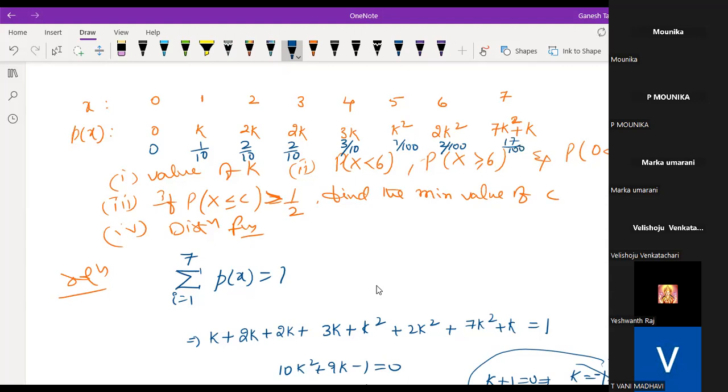So this is your original p of x after finding your k value.